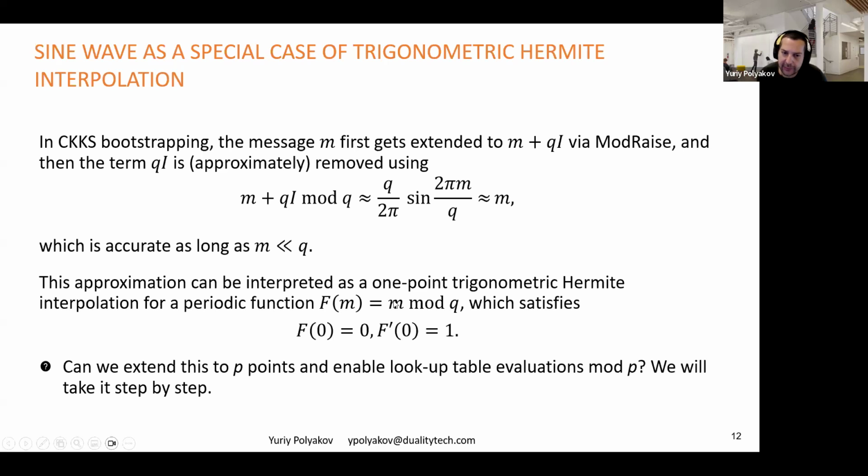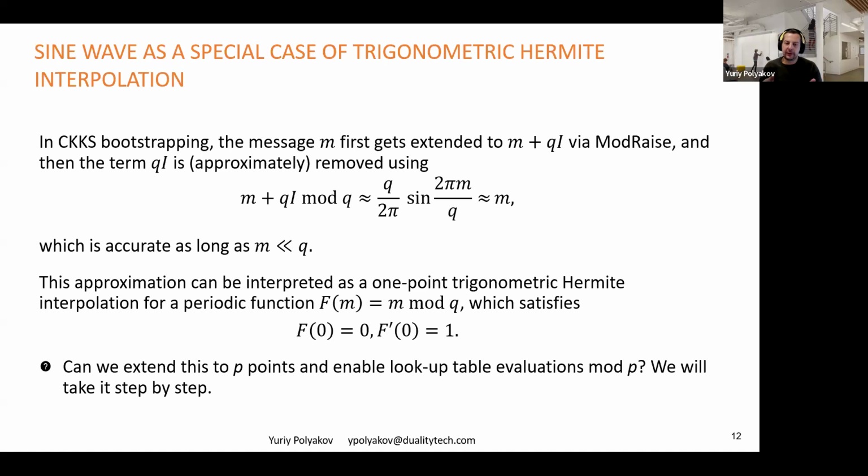If we look at this approach from the perspective of approximation theory, what we see is a very specific example of trigonometric Hermite interpolation, namely 1-point trigonometric Hermite interpolation. One point means that we only work with essentially one period of the function, because the trigonometric approach will automatically cover all other periods.